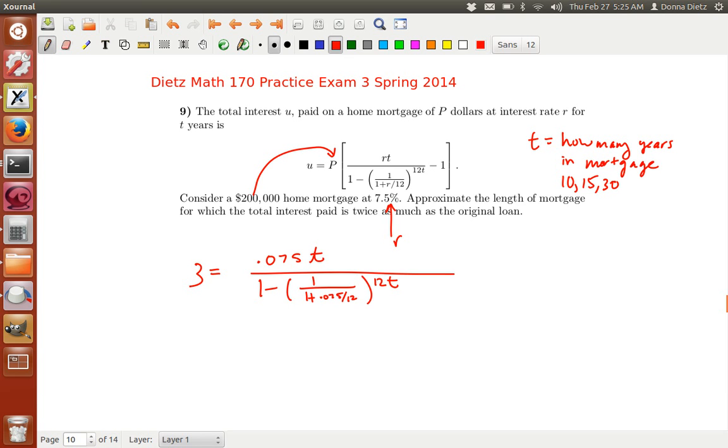And this is where we started on the practice exam. This is the first step I showed you. But that's how I got that stuff. Alright, now what I'm going to do is multiply through by the denominator. Right? So I'm going to get 0.075t on one side. Okay, so I'm going to get 3 minus 3 times this mess.